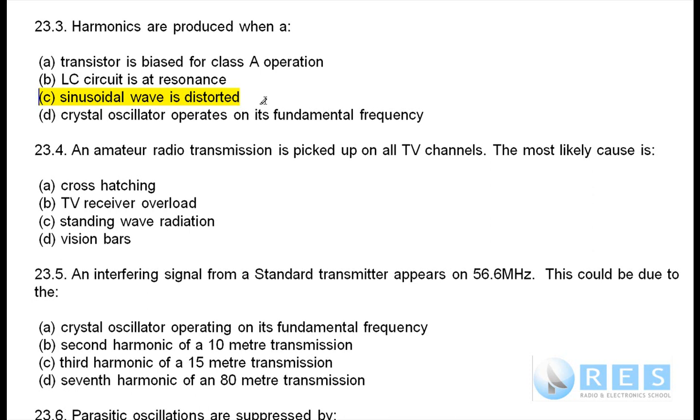23.4. An amateur radio transmission is picked up on all TV channels. Now the clue here is that it's all TV channels. It's unlikely to be anything wrong with an amateur transmitter if all TV channels are being interfered with. The problem is TV receiver overload, and that is a receiver problem, and it can only be cured at the receiver.